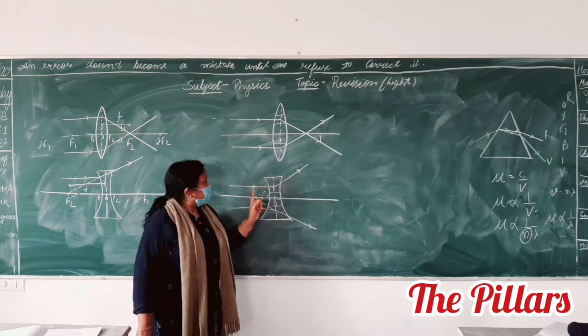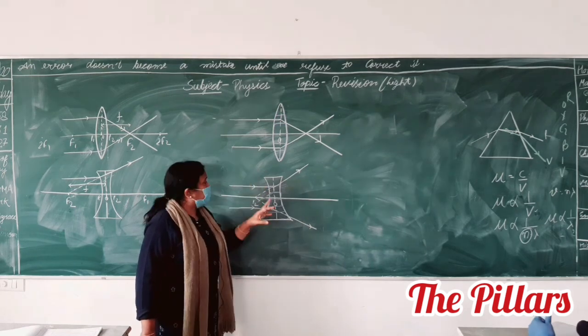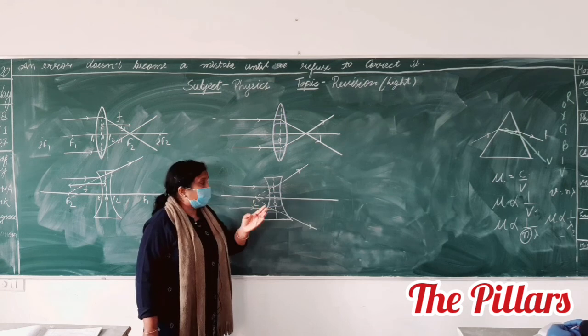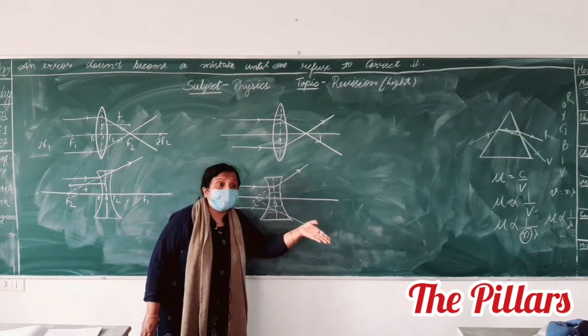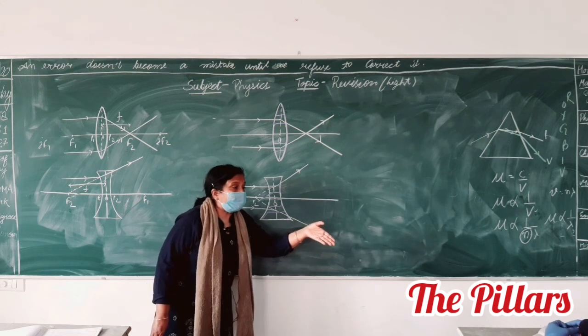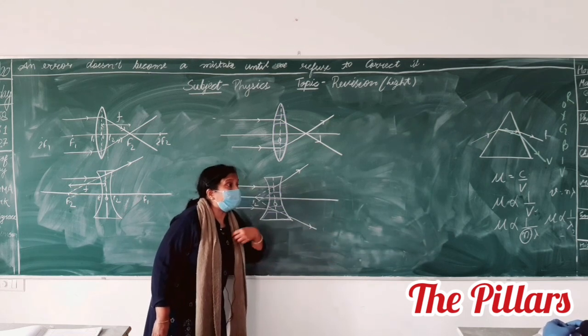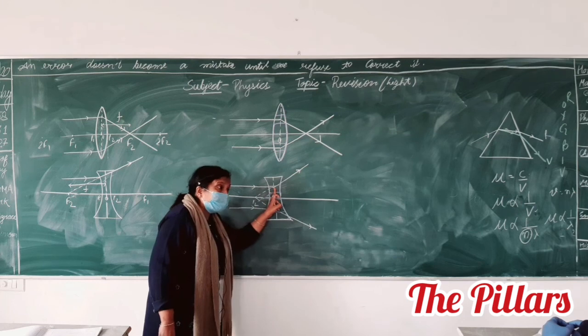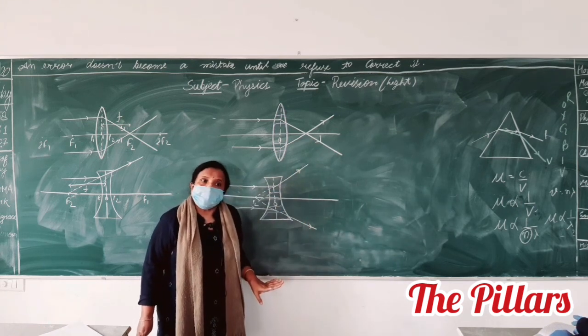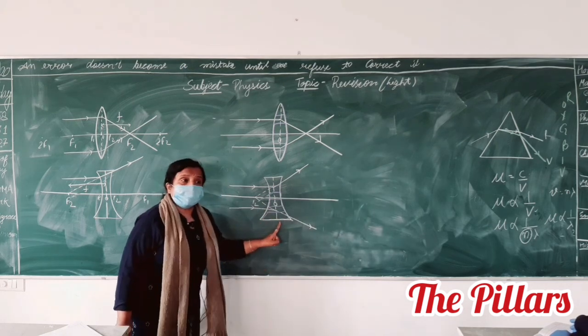Now, the refraction will start at any point, here also, here also, here also, right? Then it is difficult for us to draw the ray diagram. For which one will you draw? You understand? Thus, for the sake of uniformity, we assume that it comes up till here and then only it gets refracted. Clear?